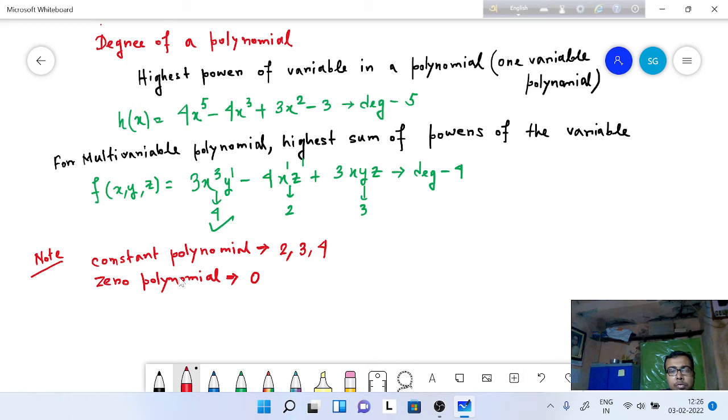So always remember that any constant term we can say is a constant polynomial and 0 is the zero polynomial. Now the degree of any constant polynomial is 1, and the degree of the zero polynomial is undefined. These are two most important concepts. Remember that.